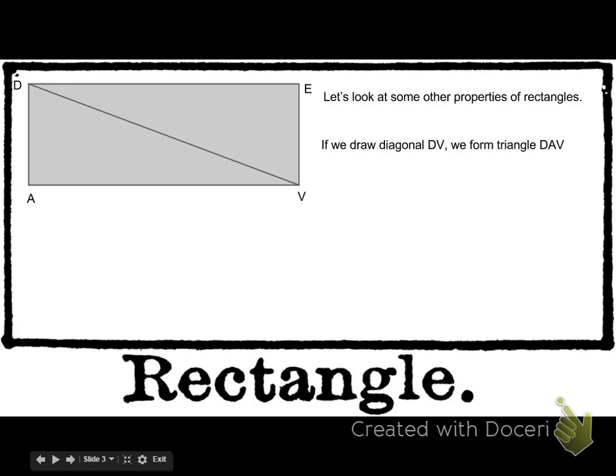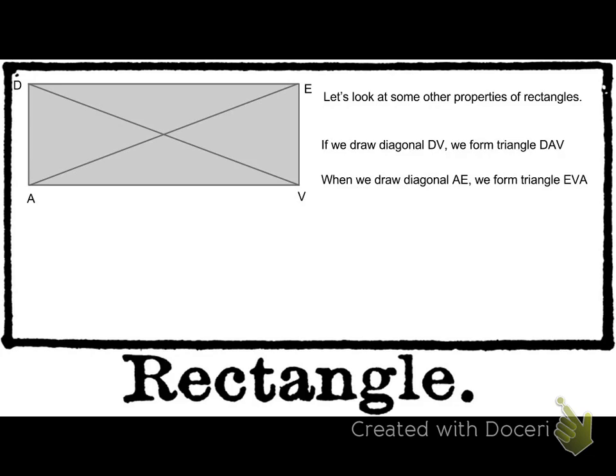So if we draw a diagonal DV, can you all see that we form triangle DAV? And when we draw diagonal AE, we form, amongst other things, triangle EVA.